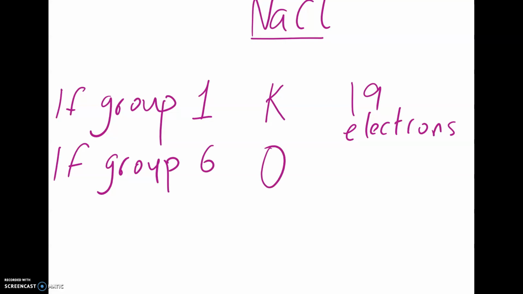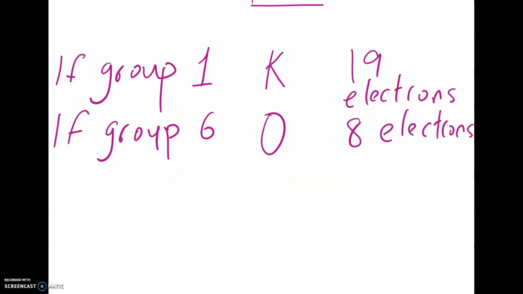So oxygen has got 8 electrons, 2 and a 6. So in order for them to balance out, potassium will be 2, 8, 8, 1, and oxygen will be a 2 and a 6.